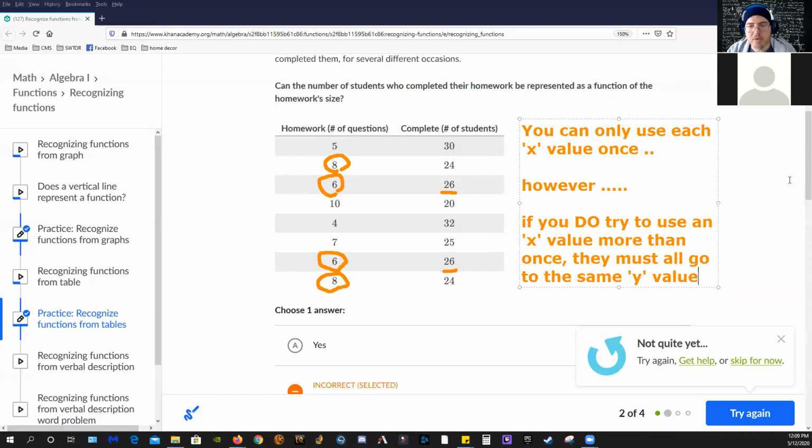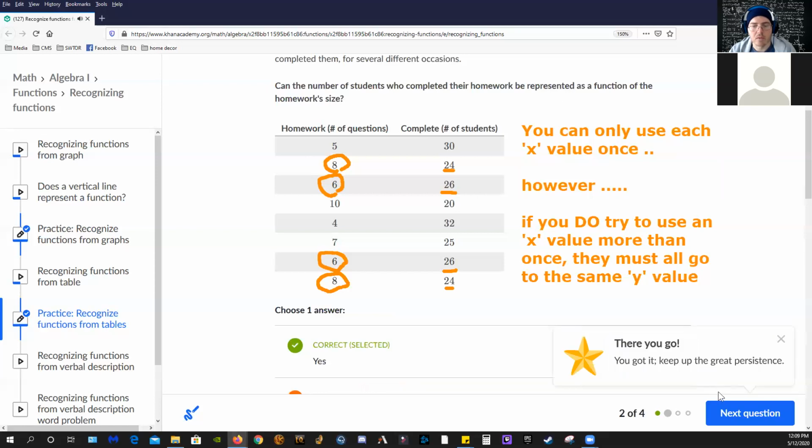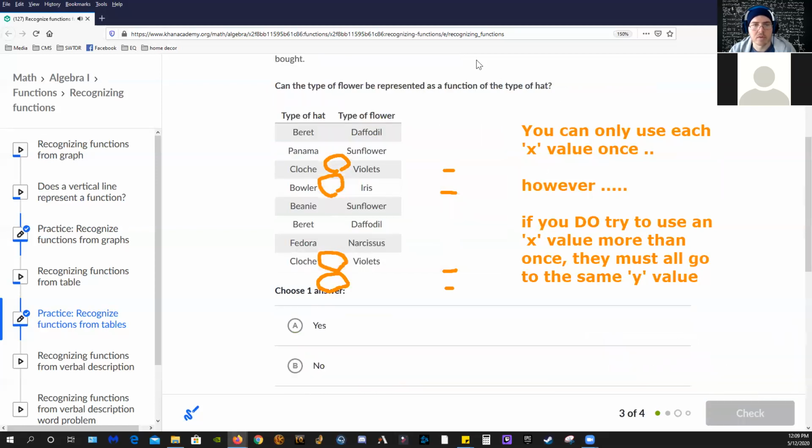Okay, so I was right and I was a little careless. I didn't bother to check and see that they were going to the exact same y values. So the 2 8s go to 24 and the 2 6s go to 26. Okay, so I'm not gonna do that again. Learn from your mistakes.